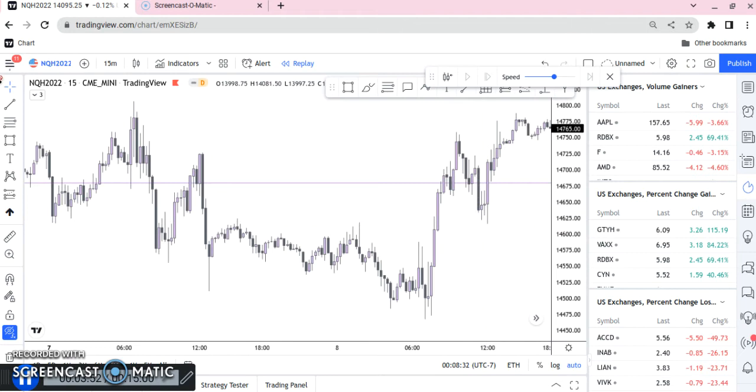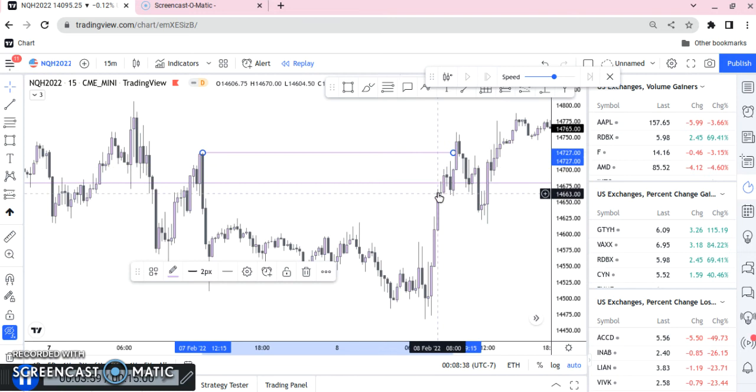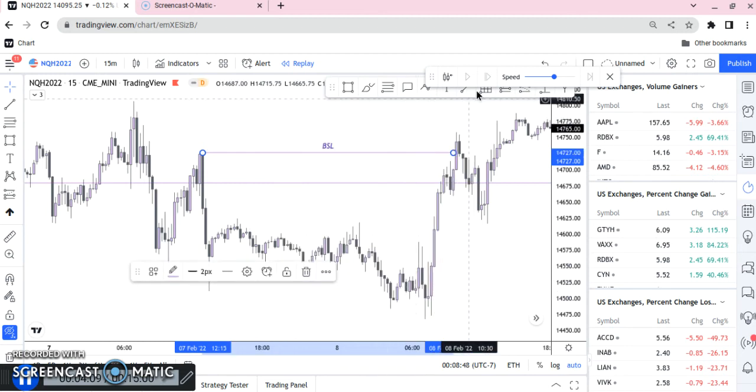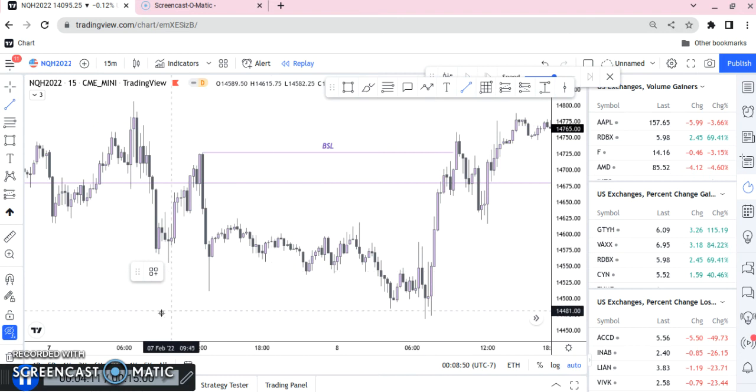We can see we have right here, we have buy side liquidity, so we can mark that up as buy side liquidity. And below right here we have sell side liquidity that got taken.